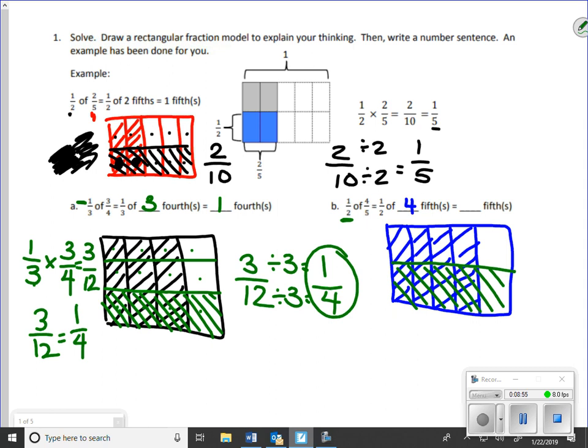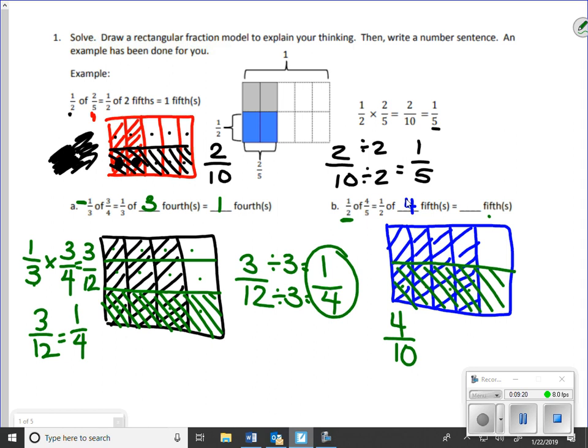How many are double shaded? 4. 1, 2, 3, 4. Out of how many? 1, 2, 3, 4, 5, 6, 7, 8, 9, 10. 4/10. So is 1/2 of 4/5 equal to 4/5?